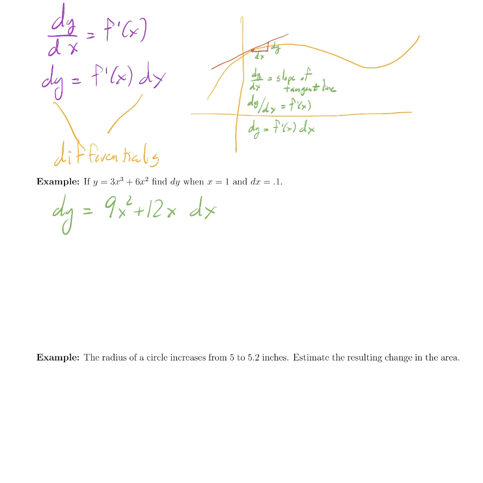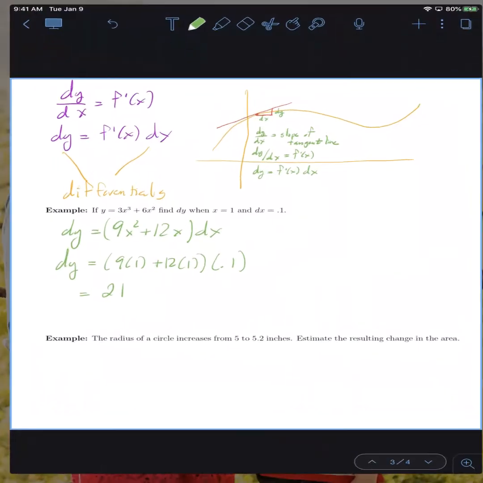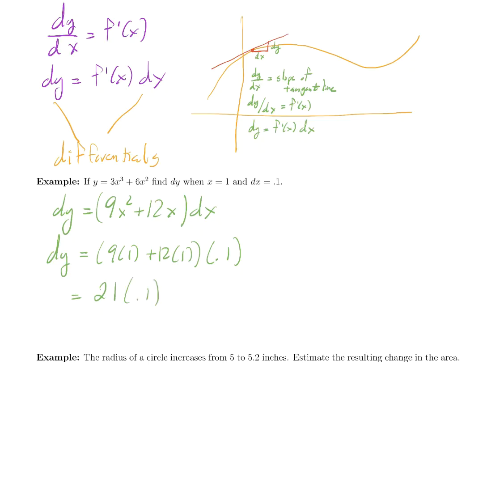We want to find dy when dx is 0.1 and x is equal to 1. So we get 9 times 1 plus 12 times 1, times dx, which is 0.1 or 1/10. So dy is 9 plus 12, 21, times 0.1, which is 2.1.